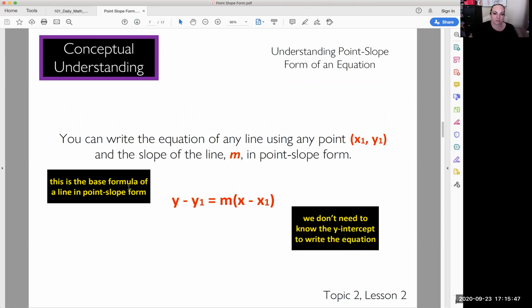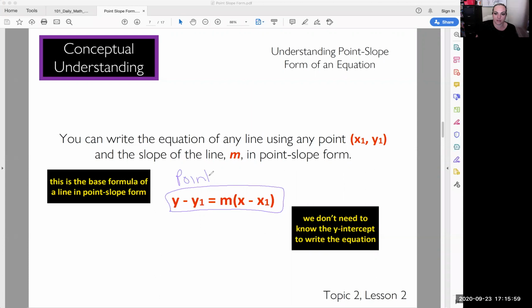So this is the base formula of a line in point-slope form. This is point-slope form. And I hope you're writing this down. This is the base formula. Really what this is saying is y minus y1.